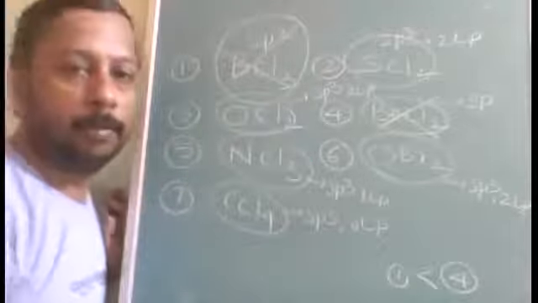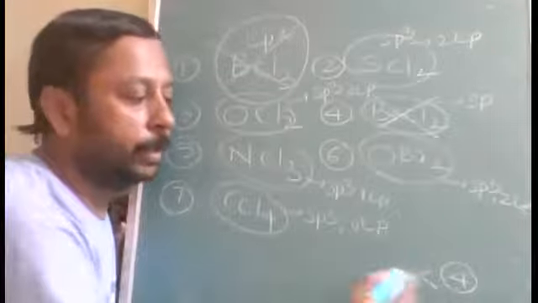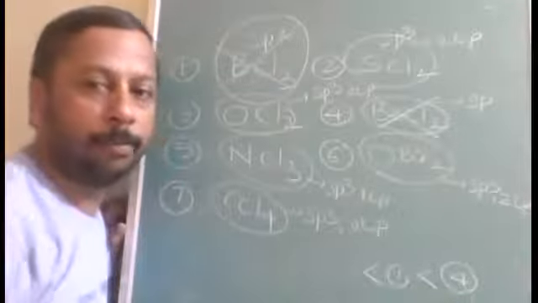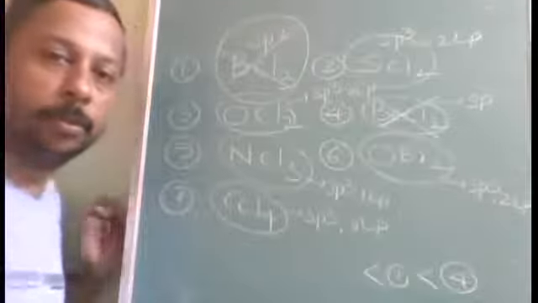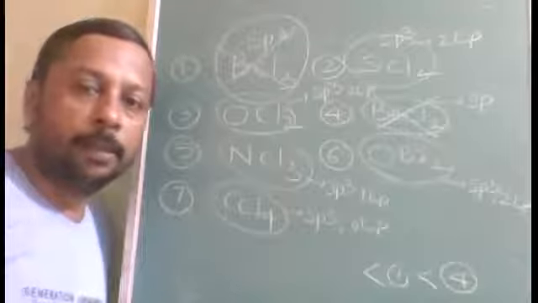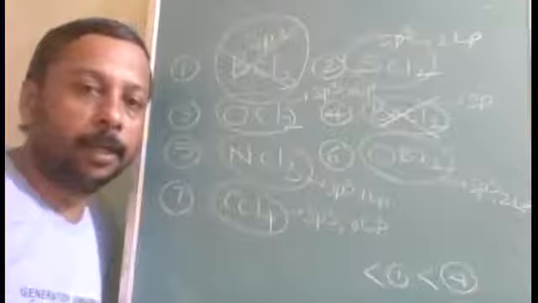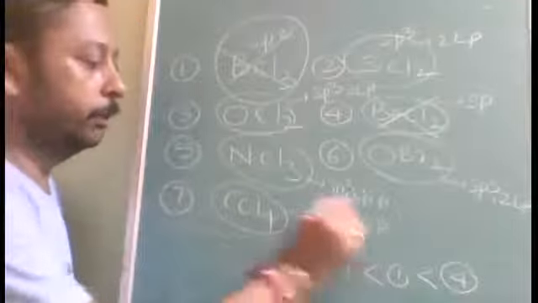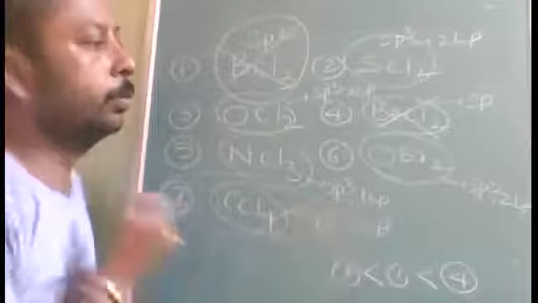Now the problem arises only with sp3. Once we have segregated using the S percentage character rule, then we should see the lone pair rule. Lone pairs should be minimum for the maximum bond angle. So the minimum bond angle is in the seventh one. So this is also over.